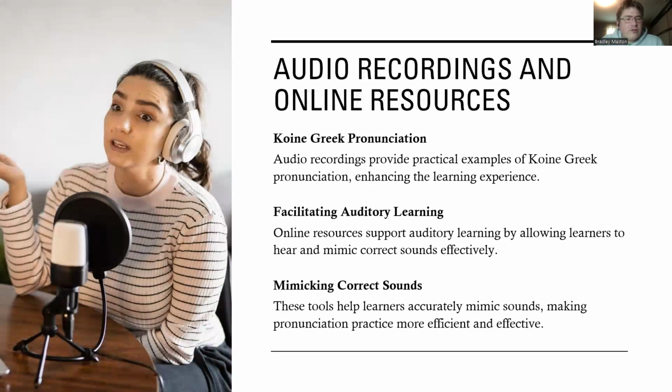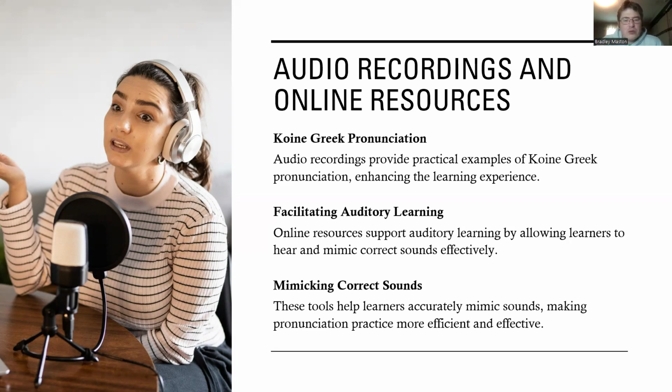And audio recordings are available. You can actually find the entirety of the Greek New Testament read in the Erasmian style online. If you type in audio Koine Greek or audio Greek New Testament, there's a wonderful gal who was passionate about her Greek study, and she found out she was losing her sight, and so she took to old cassette players, making sure that she could pronounce it clearly and slowly, so that as she was going blind, she would be able to access the Greek New Testament, right?